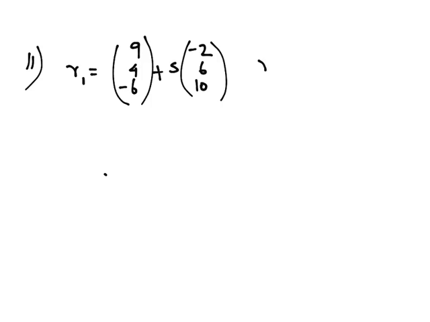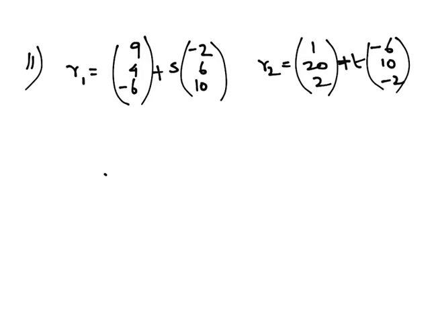The lines L1 and L2 are given by r1 equal to (9, 4, -6) plus s times (-2, 6, 10), and r2 equal to (1, 20, 2) plus t times (-6, 10, -2). Let theta be the acute angle between L1 and L2. Show that cos theta is 52 by 140.